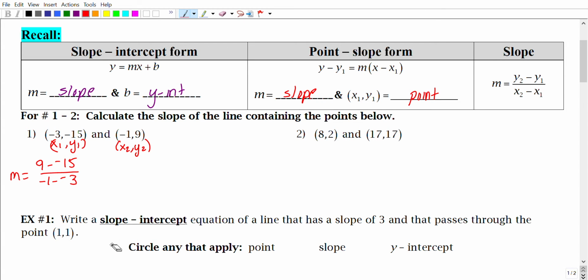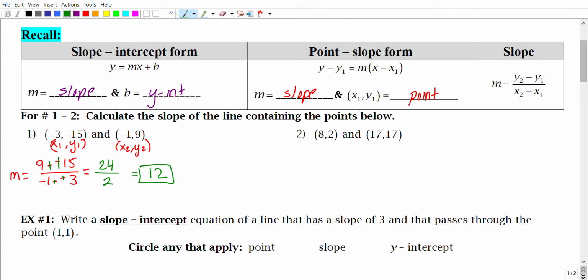Okay, so what do we get? We get 9 plus 15, which is 24, over negative 1 minus a negative, which is the same thing as adding a 3, so this is actually over 2. So what do we get? We get m equals 12. So my slope here for number 1 is 12.